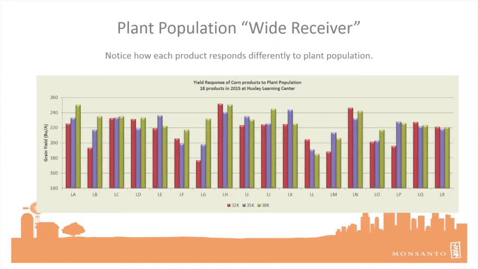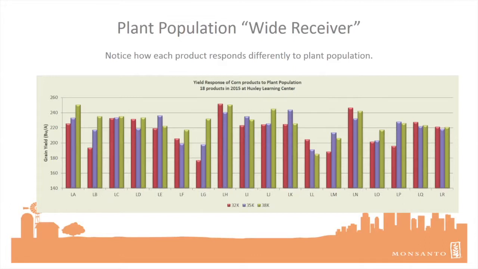So here's an example from our Huxley plot 2 years ago in 2015. We had 18 different DeKalb products planted at 3 different population rates, all side by side. The red bars equal 32,000 seeds per acre.